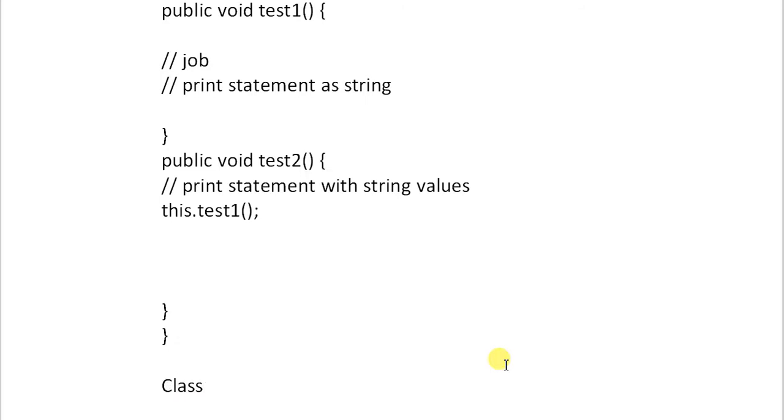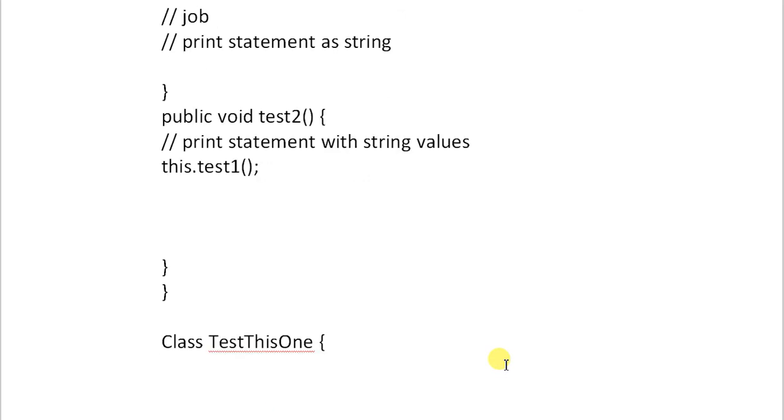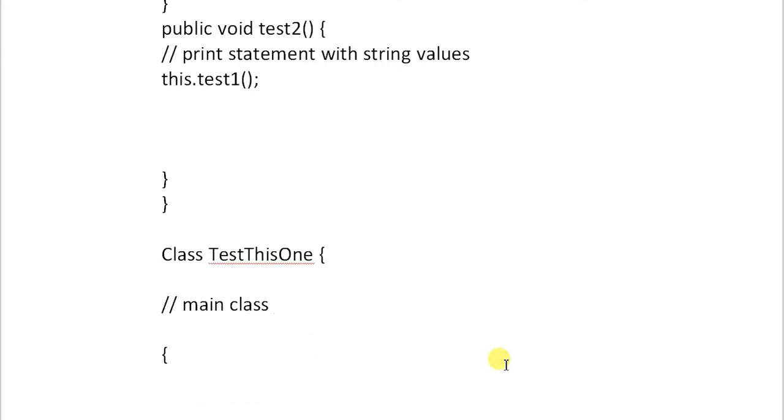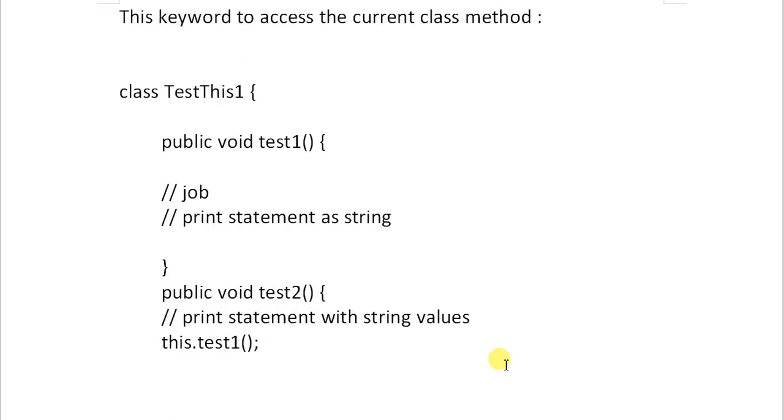Now to use it and execute, let's say I will give a main class. Test this one is another class. This is a main class, so I should give the main method over here. I am not writing it out as we are considering it as pseudocode or steps to understand. To execute the methods available in test this one class, I need to create the object for test this one.